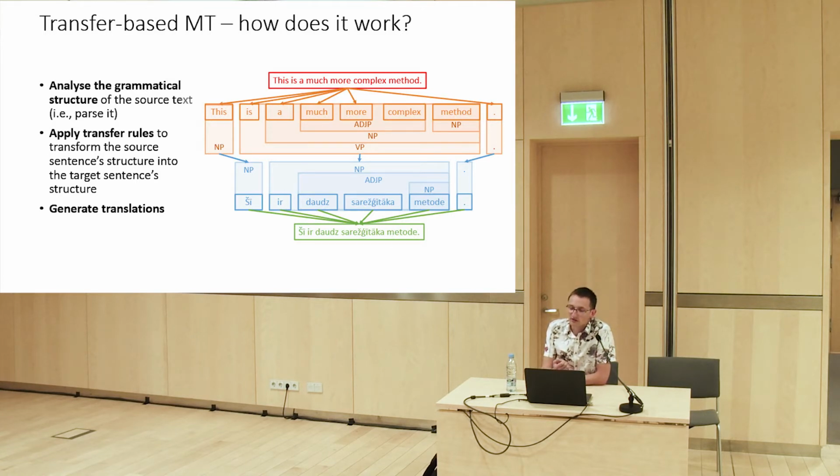So this method, although very strong theoretically, is practically difficult to solve. However, it is used for languages that are close, so similar, also nowadays. So from Spanish to Catalan, there are rule-based machine translation systems available.